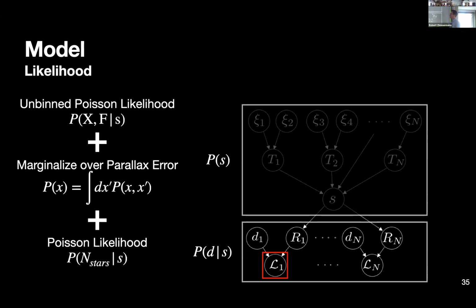As a third component, I have a Poisson likelihood on the total number of stars inside the volume to fix the overall normalization. Because with just the first two, I can get a probability distribution of the stars, but not the overall normalization of how many stars there actually are inside the volume.